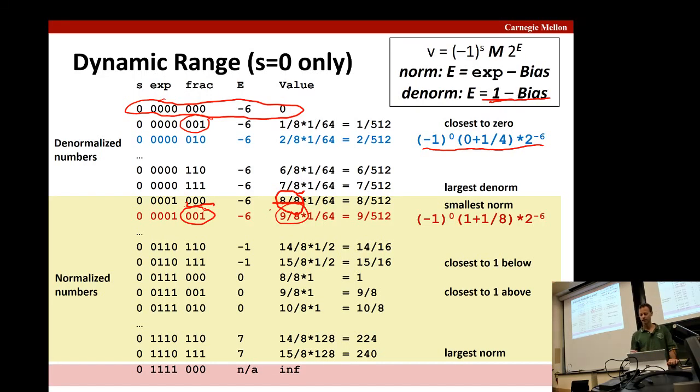Otherwise you're just plugging in a formula that looks like that. Eventually you get closest to 1 below, then you get 1, and then closest to 1 above, and then eventually the largest normalized value you can represent. After that, where the exponent is 1, 1, 1, it's either not a number, or infinity if the fraction is all zeros.